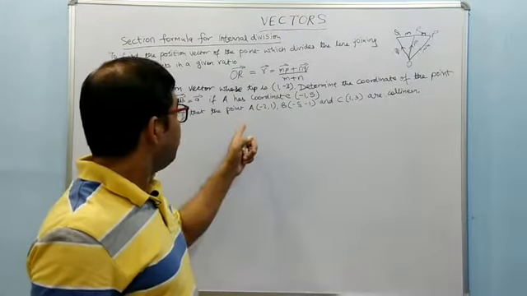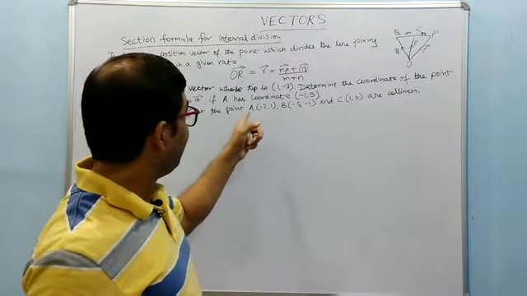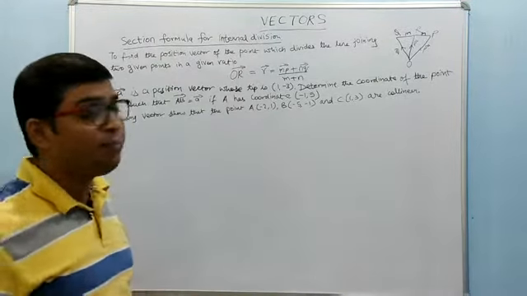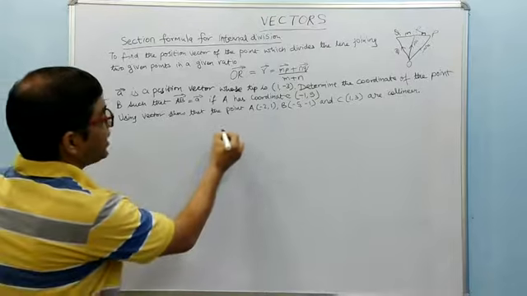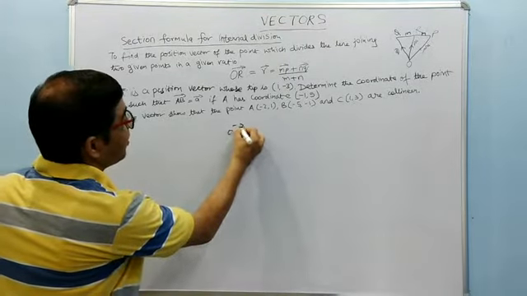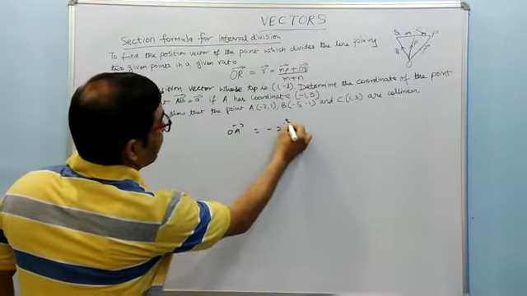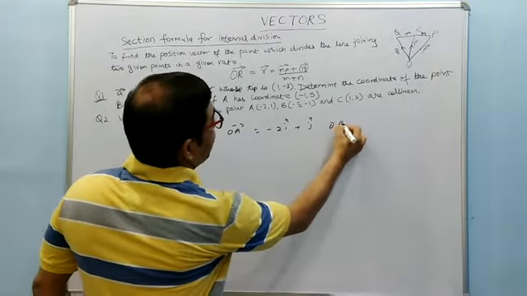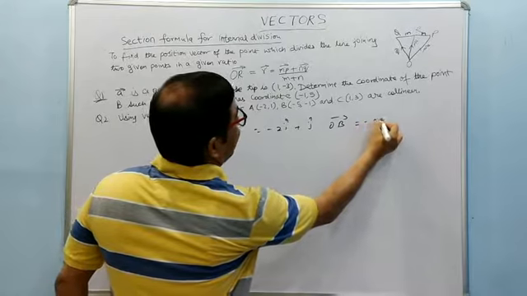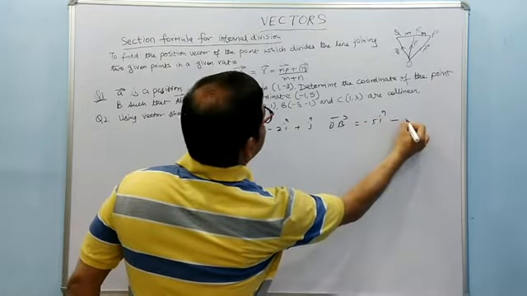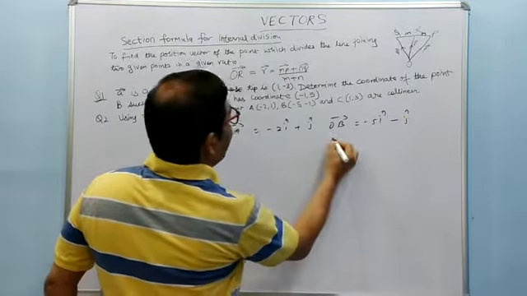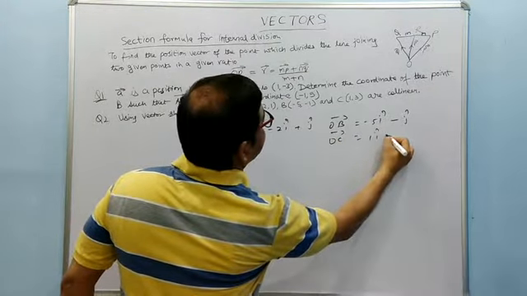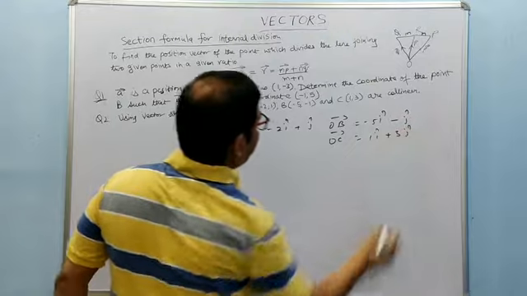See, in question number 2, position vector of A is this, B is this and C is this. We have to prove that these 3 points are collinear. So what is actually given? Vector OA you can write as minus 2i plus j cap. Vector OB you can write as minus 5i minus j cap, and vector OC as 1i cap plus 3j cap.